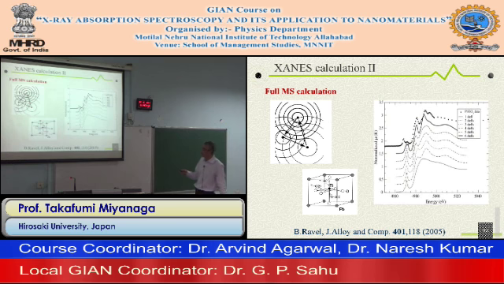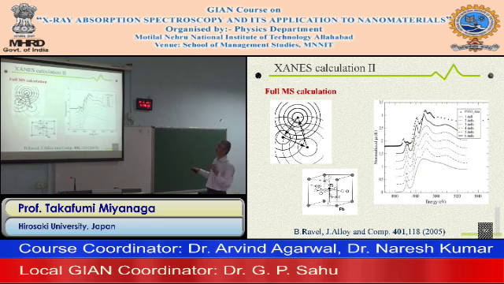This is a calculation by an American group for perovskite titanate. It takes into account only one shell, the first shell, and the peak of the ZANES structure is here, then three shells, four shells, five, six shells. Compared with more shells, electrons are scattered to infinity.